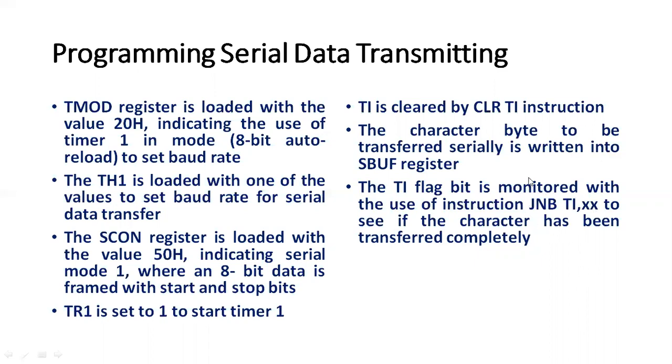So this JNB instruction is used for the polling method. I hope you understood what is meant by polling. Polling means the microcontroller continuously monitors this data. What about the interrupt? Interrupt is when a device requires service, it gives a command to the microcontroller. I hope you understood the difference between the interrupt and polling methods.